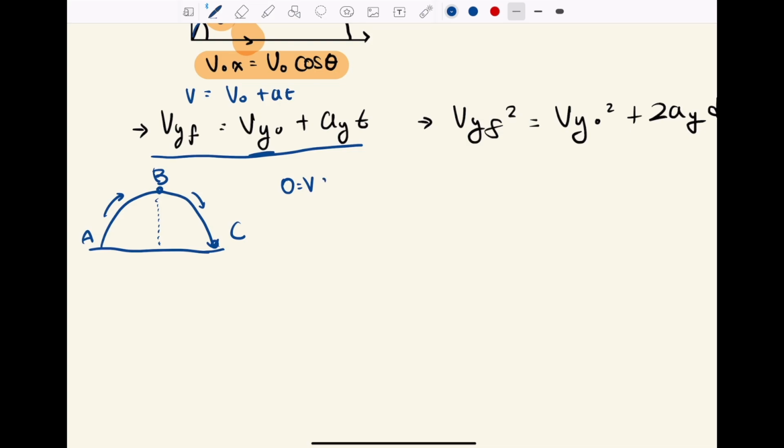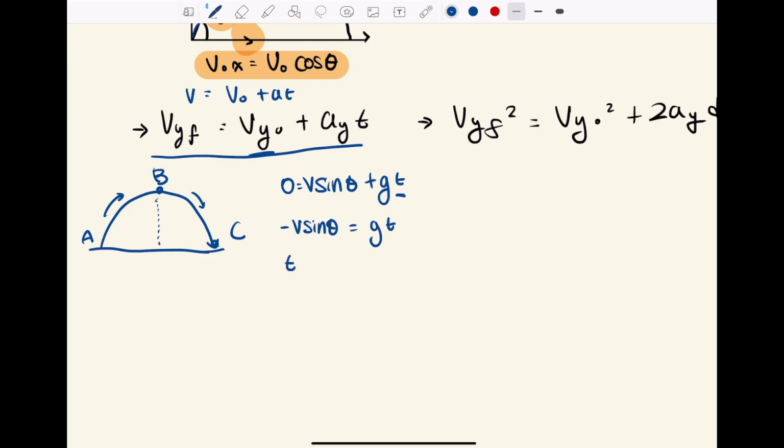So 0 equals v sine theta plus acceleration, which, as I have been mentioning multiple times, is gravity, because when the ball is in the air, the only acceleration is gravity. The acceleration times time. So we're trying to isolate t, and we get minus v sine theta equals gt.